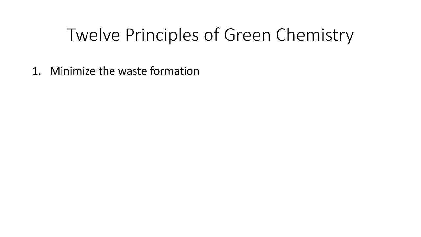The first principle is minimize the waste formation. Whenever you carry out any reaction, ideally it is expected that there should not be formation of any chemical other than the desired product.